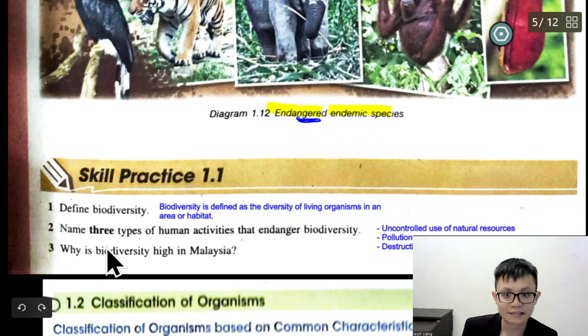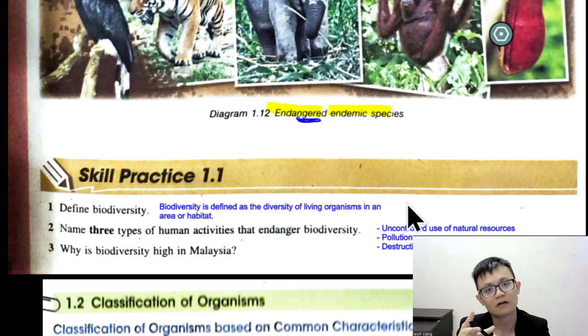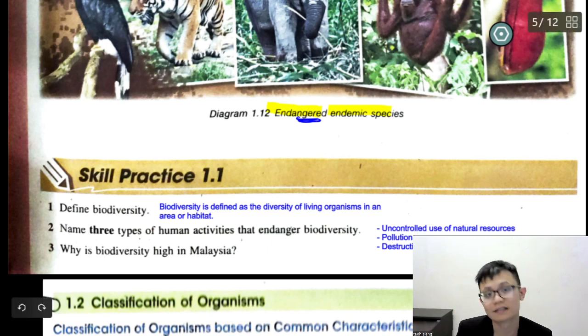We can say uncontrolled use of resources, pollution, destruction of natural habitat. You can say fire outbreak in forest, uncontrolled logging, and toxic waste being thrown into the river, for example. A lot of answers, just use your own answer.